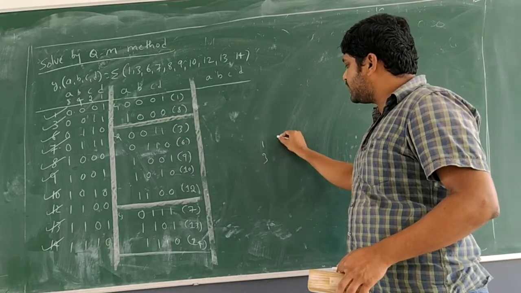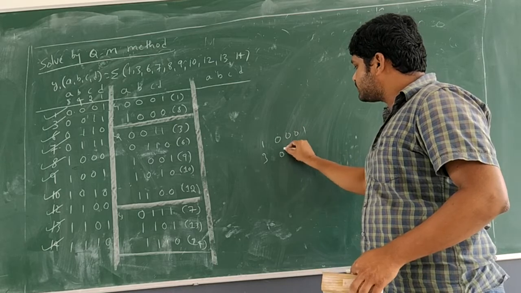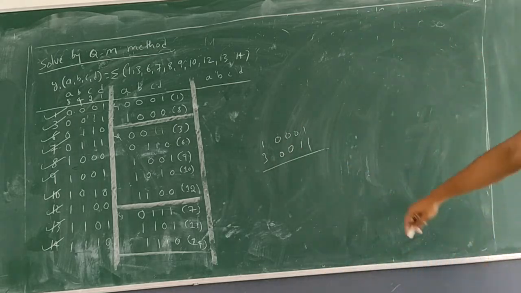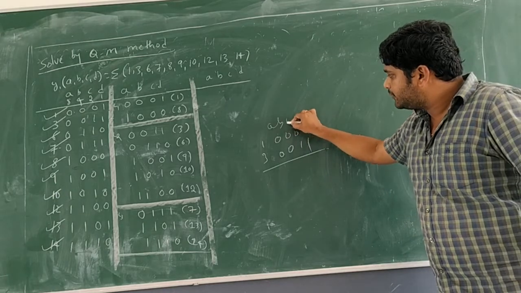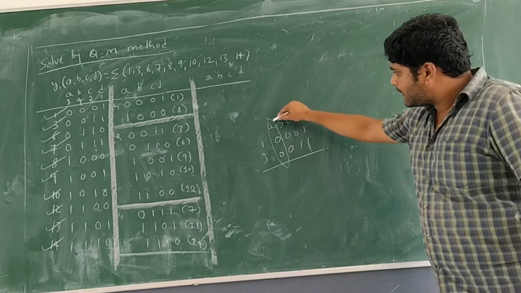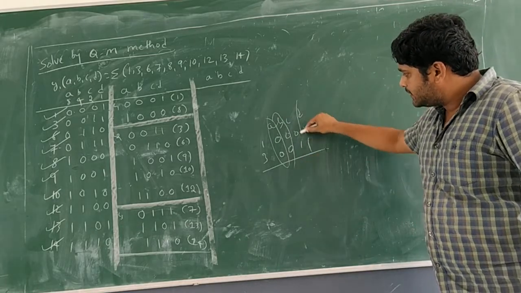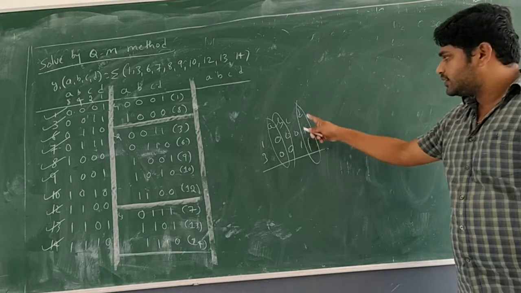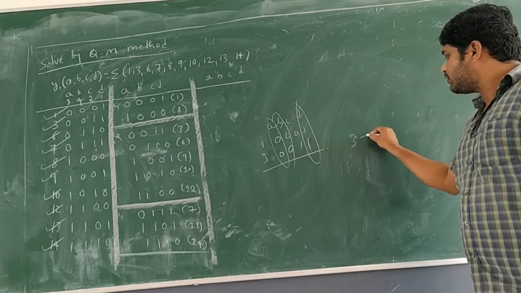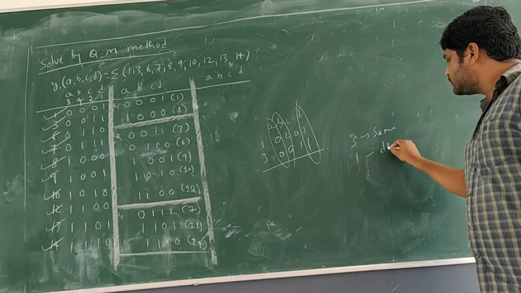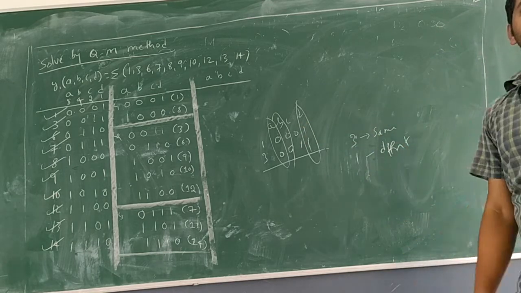So here I will write 1, 3. 1 with 3. What is this first? A, B, C. What about A? Same. B is same. D is different. Okay, how many? Sorry, D is also same. So we have 3 same and only 1 different.